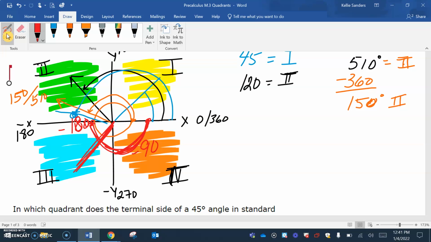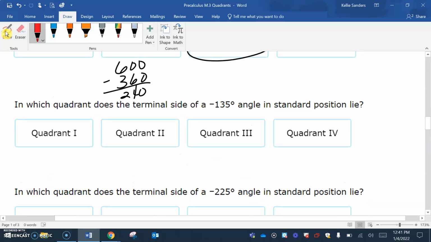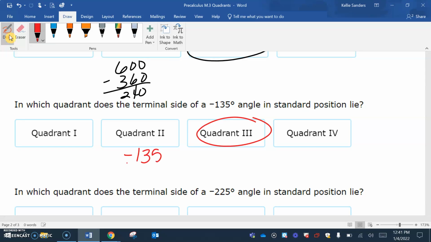Or there's another way of doing it. We could have started at negative 135, and instead of subtracting 360, we could add it to get a positive answer, which is 225.